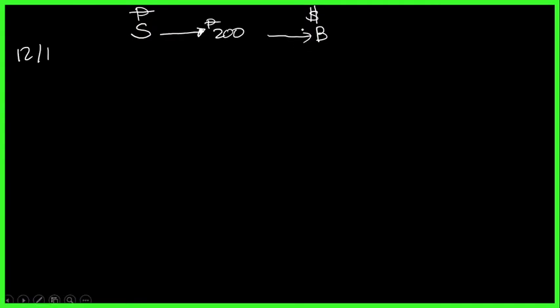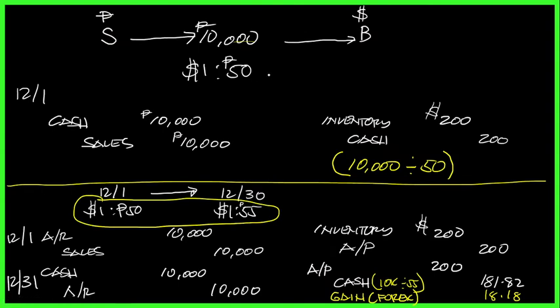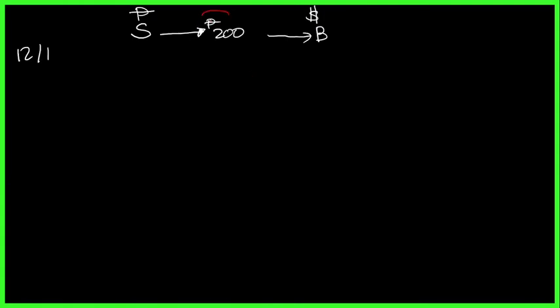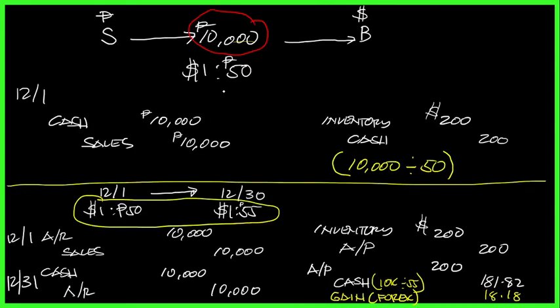Take note, earlier the transaction was denominated in pesos. This time, the transaction is denominated in dollars. Let's change that into dollars, when the exchange rate is $1 is to 50 pesos.